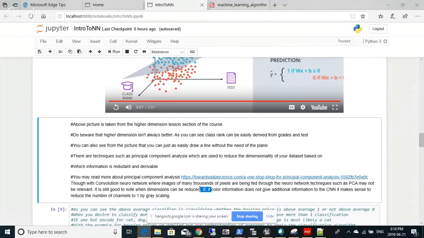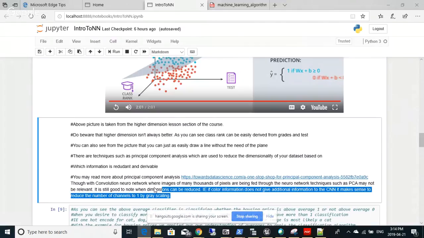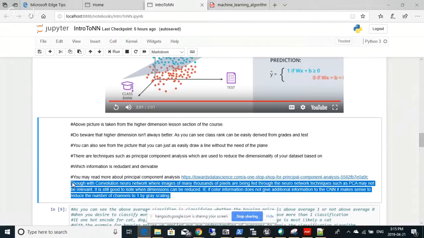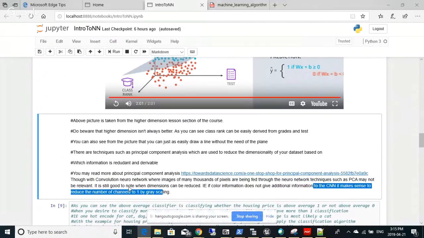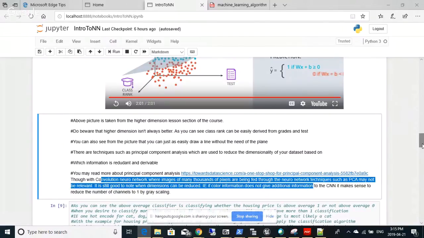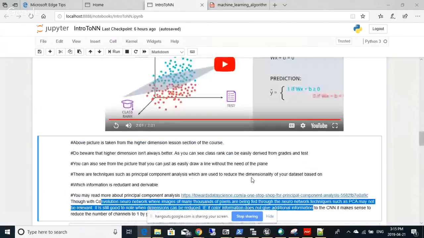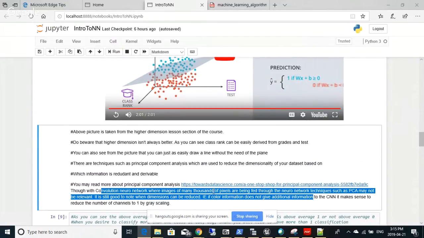If your images don't give additional information from their colors, you can make them grayscale, black and white, and it will reduce the dimension from the three channels, so now you just have 2D data instead of 4 dimensions.